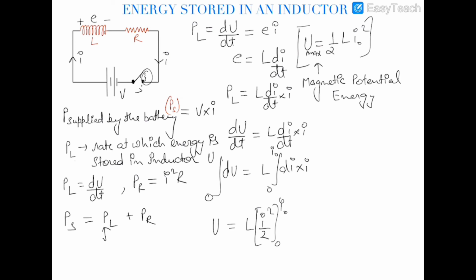So this discharging of the inductor would take place through an arc across the switch if we open the switch suddenly at any instant. So this is the second very important factor.